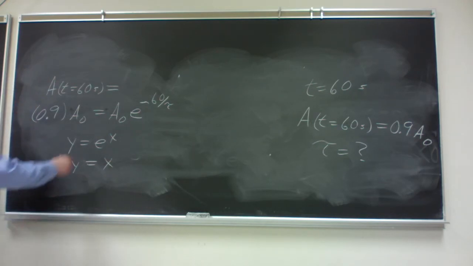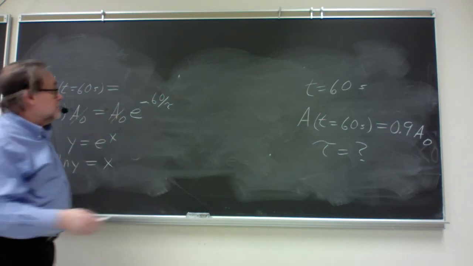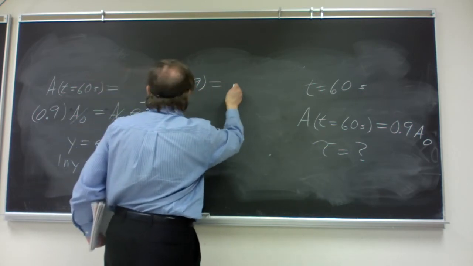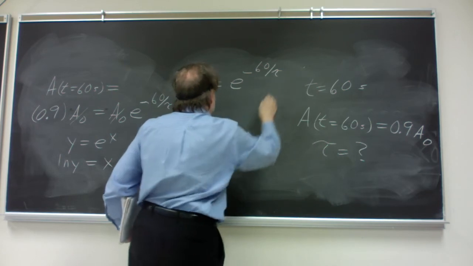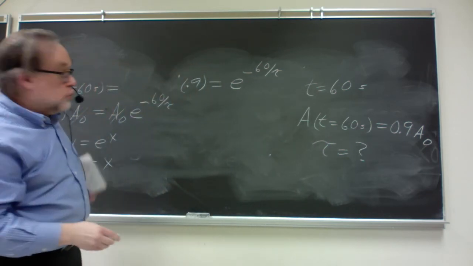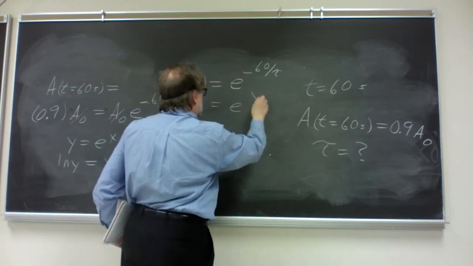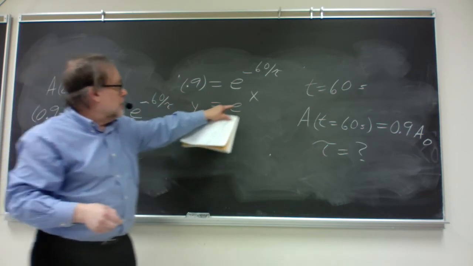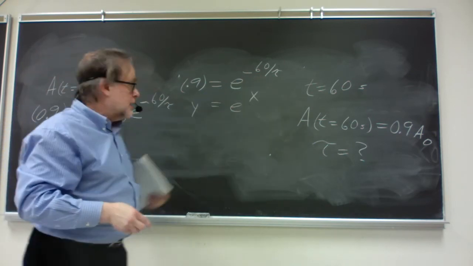So let's make this a little simpler by canceling out the A0s on both sides of the equation, and then we're left with 9/10 equals e to the minus 60 seconds over tau. Compare that with the basic form. y is e to the x. y corresponds to 0.9 and x corresponds to minus 60 seconds over tau.